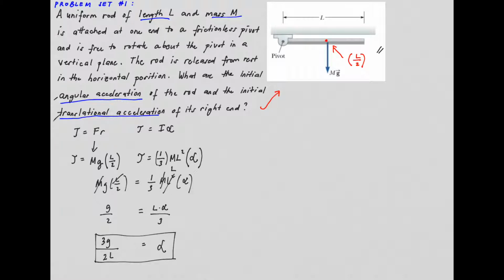Now, how about the translational acceleration of its right end? We have the formula for translational acceleration, or better known as the tangential acceleration, angular acceleration multiplied by the radius. Therefore, translational acceleration equals the angular acceleration, that is 3g over 2L, multiplied by the radius.